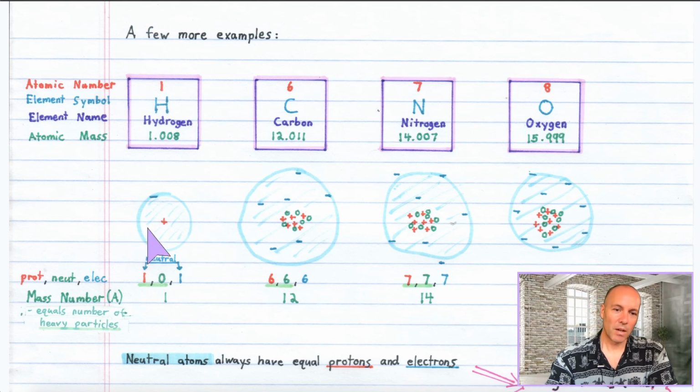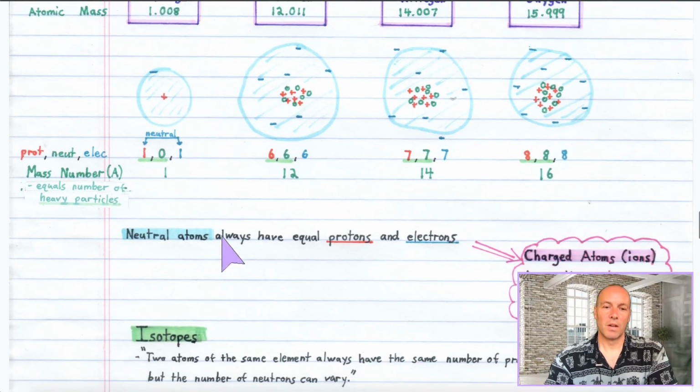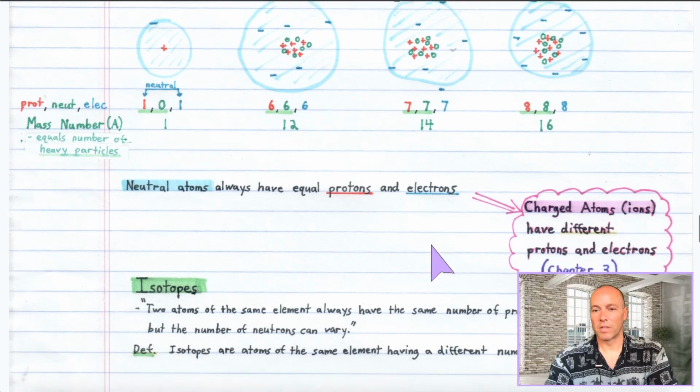You can see that all of these atoms that I've drawn here are neutral in charge because the protons equal the electrons. So neutral atoms always have equal protons and electrons.